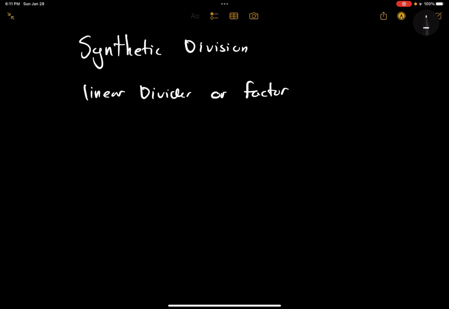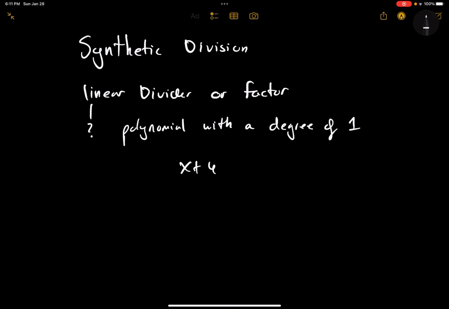Now, when we say linear, we actually mean a polynomial with a degree of 1. So, x plus 1, x plus 4, x plus 3, 2x plus 1, all these types of things, right? It just can never be above x. So, it can't be x squared or x minus 2 or x minus 1, etc.